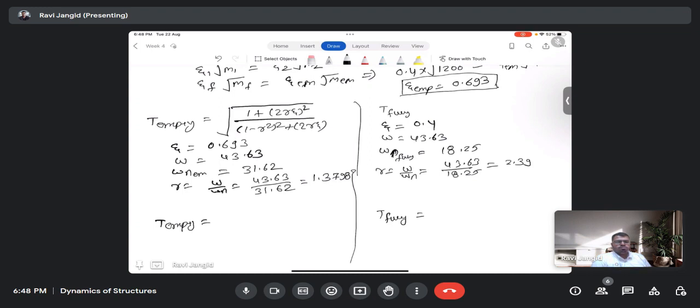T empty is 1.0213. Okay, 1.02, some decimal places is okay.